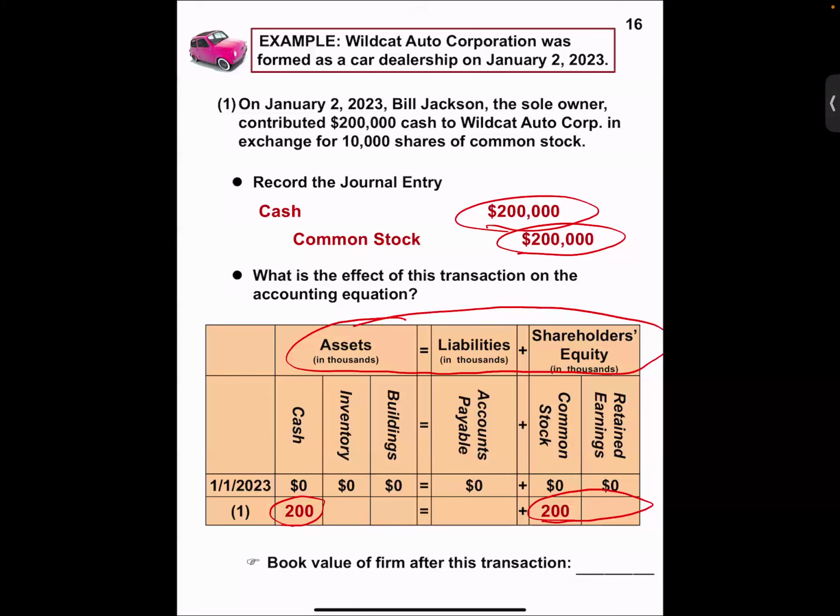The other way we can talk about book value, another way to define shareholders' equity, is assets minus liabilities. So right now they have assets of 200,000 and no liabilities. Therefore, book value is 200,000. All right. So again, book value is the same as shareholders' equity, which equals assets minus liabilities.